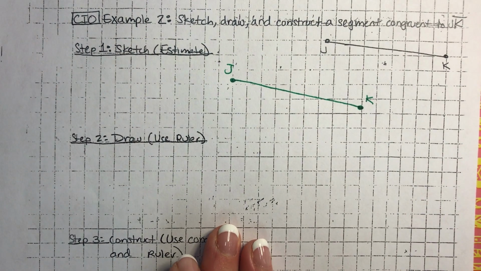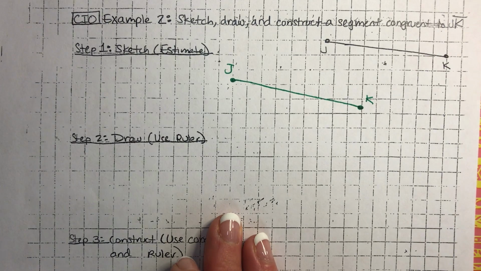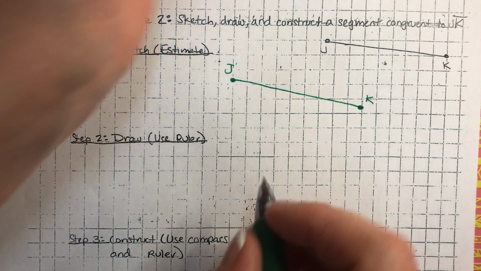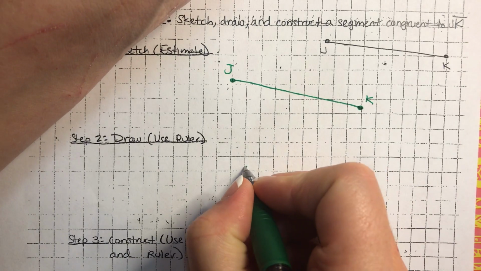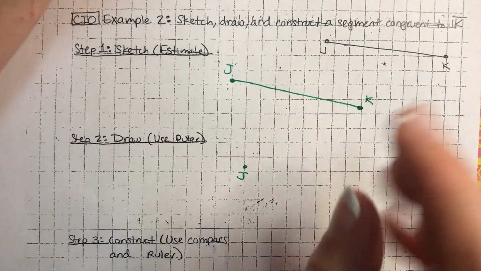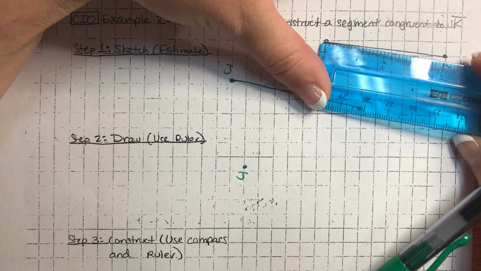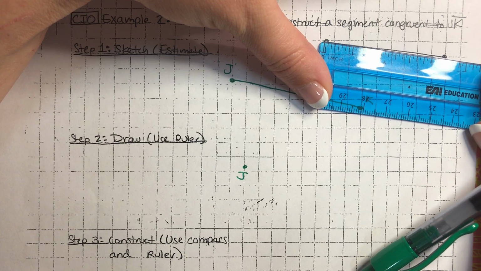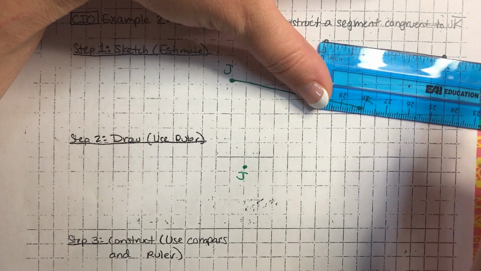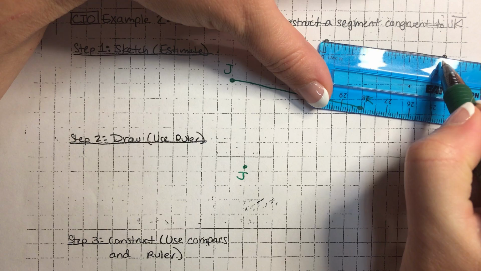Okay, next thing we're going to do is get a ruler out. Where'd my ruler go? Here it is. Okay, so I'm going to make a J. Here's my J. I'm going to go up here and measure. So put that little hash mark at 0. And it really looks like these are 16ths.